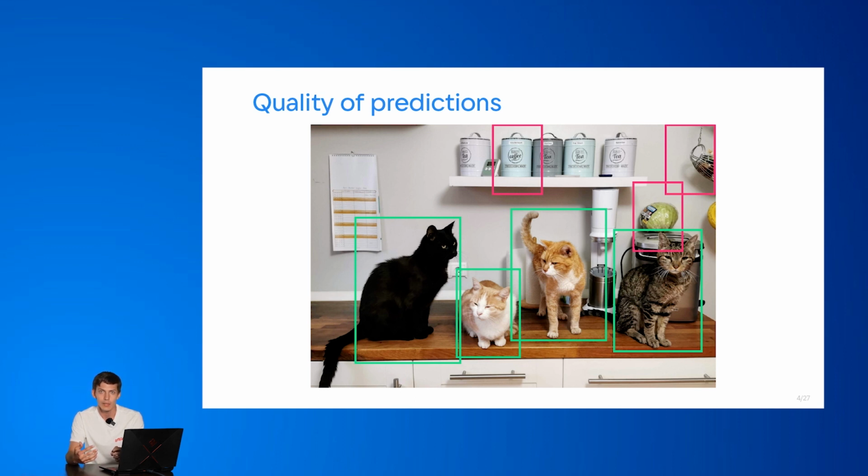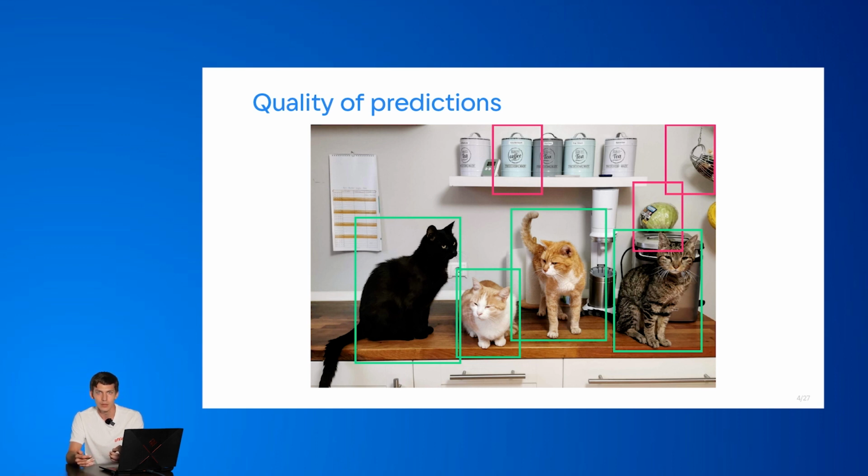So we can conclude that the green predictions cope with these tasks. This model can find every cat in this picture, but the second model does it worse. There are some predictions where there is not a cat in the bounding boxes at all.